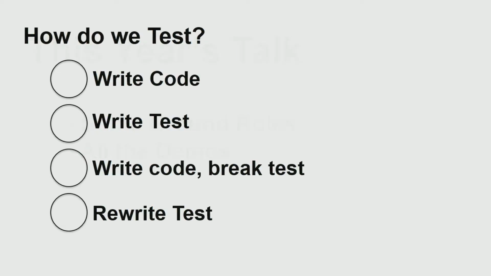So how do we test our code? Most of the time, this is the cycle that we find developers end up in. They write code, they test their code, they write some more code, and they break their test. So they rewrite their test. And that's not necessarily solving the problem that we're trying to test for.